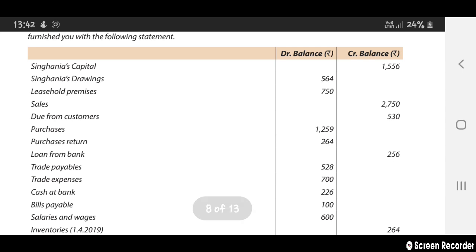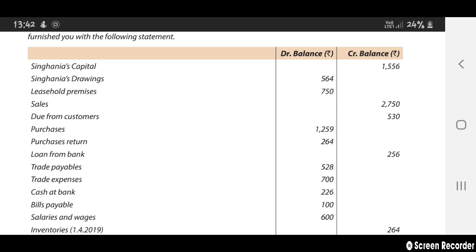Singhania's capital has no debit balance, but a credit balance of 1,556. Drawings 564 debited. Leasehold premises 750 debited.